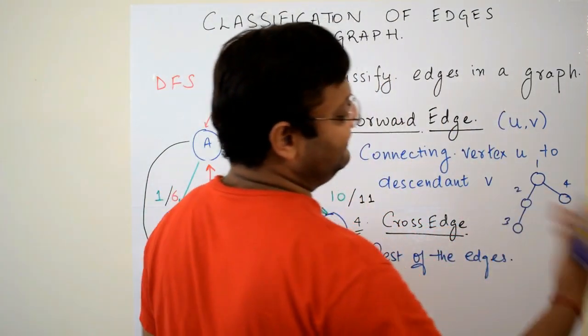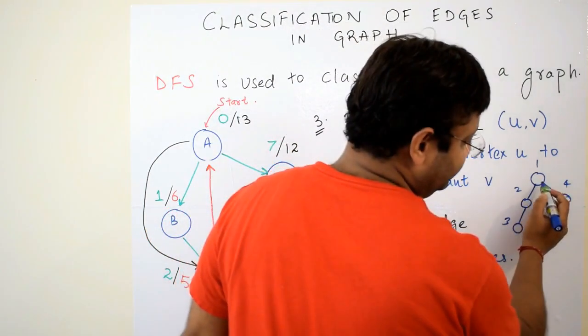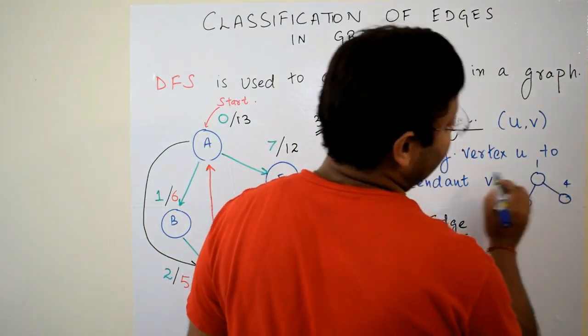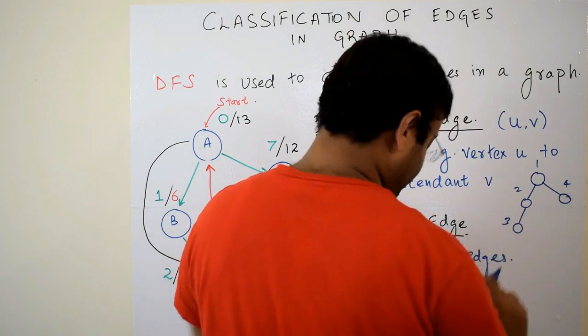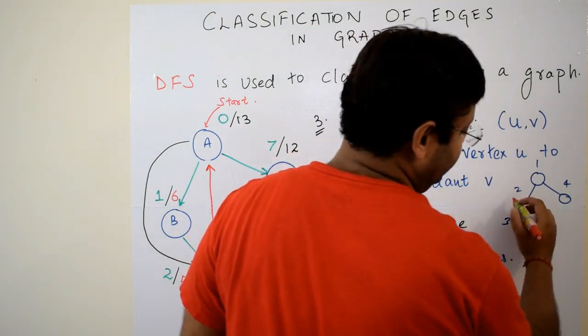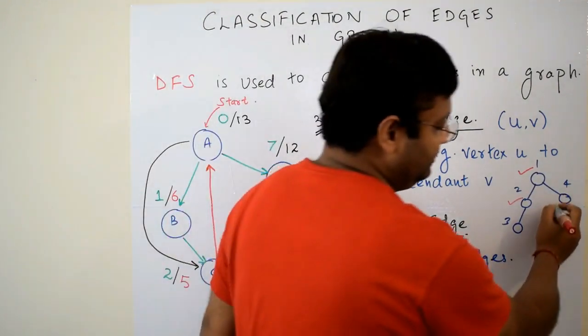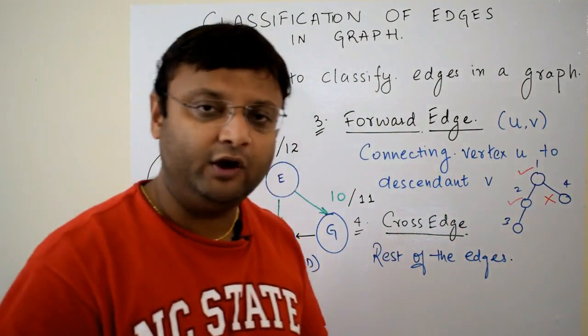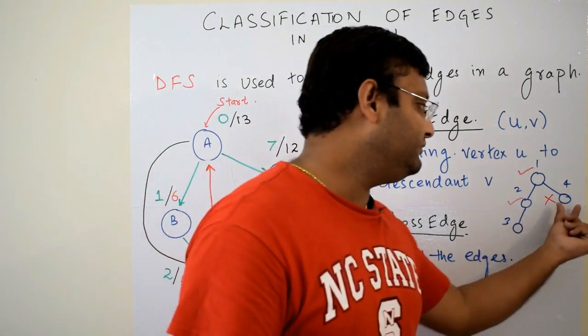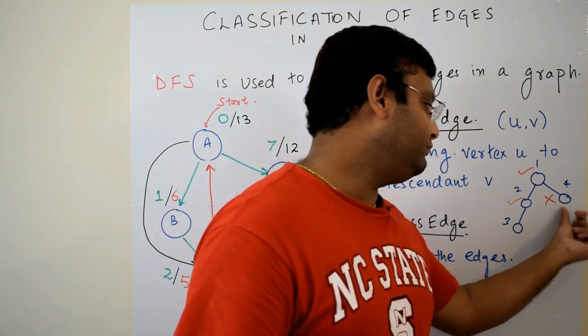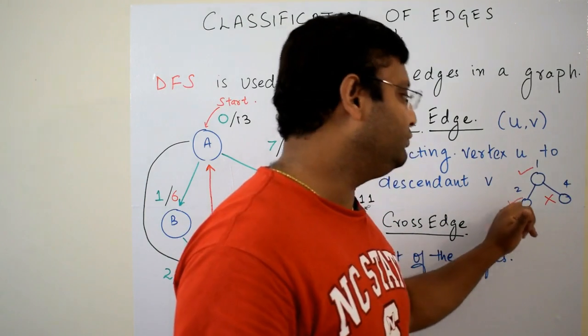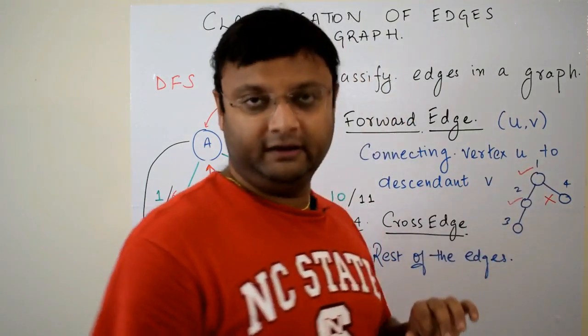Why? Because as I told you, it's a separate branch, it has separated from here, right? Who all will be the ancestors of 3? 2 and 1. Definitely not 4, right? I hope it's clear, right? And 3 is also definitely not going to be a descendant of 4. It's going to be descendant of 2. It's going to be descendant of 1, right?